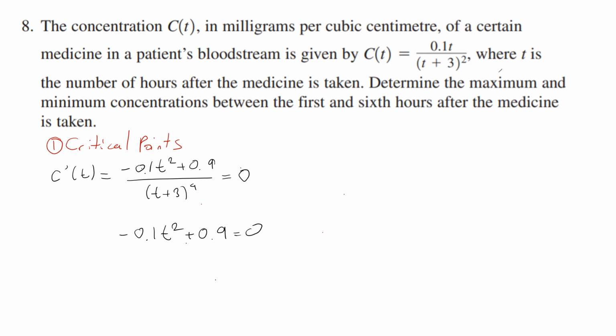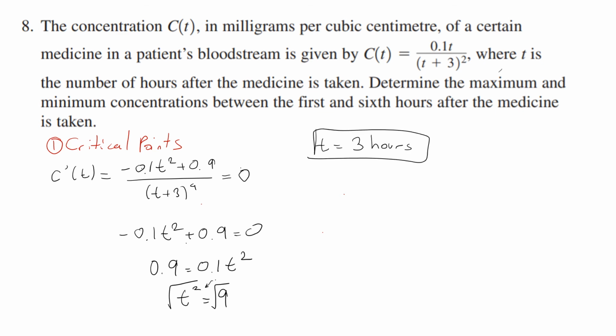I'm going to send negative 0.1t^2 to the other side to end up with 0.9 equaling 0.1t^2. Now I'm going to divide each side by 0.1 to get t^2 equaling 9. Now if I take the root of both sides, I can get rid of that square. So my t is going to be 3 hours. So I found my critical point.